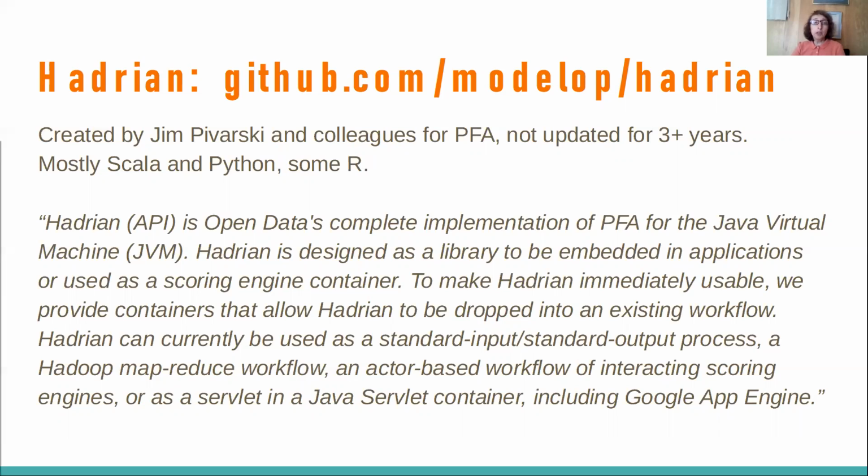I believe my colleague Nick did some performance testing, and he found that the scoring by Hadrian was a little slower than scoring for PMML models. So maybe there are ways to improve it. Unfortunately, this project has not been updated for the last 4 or 5 years.